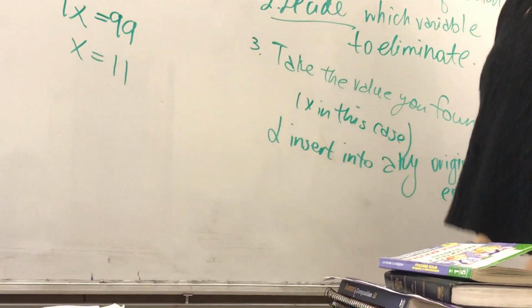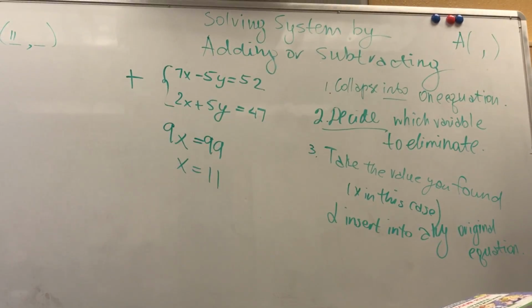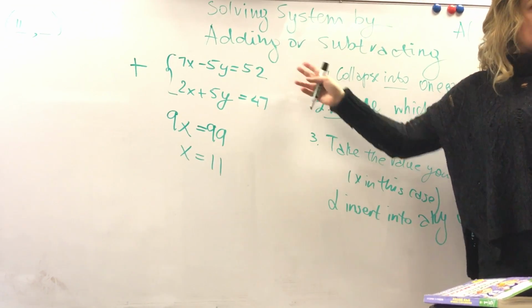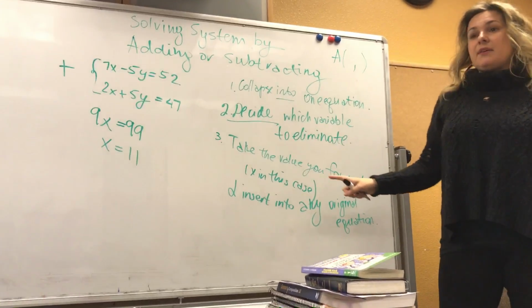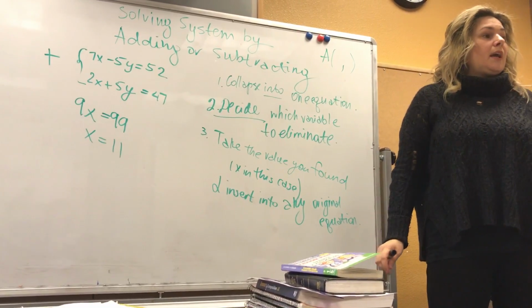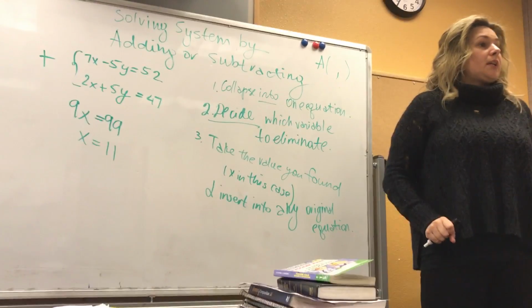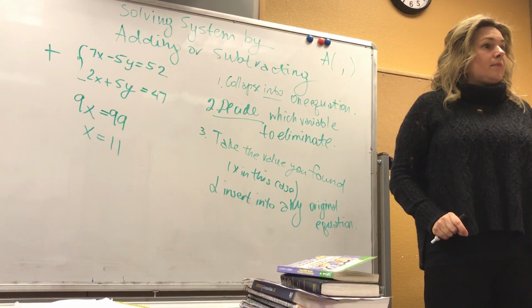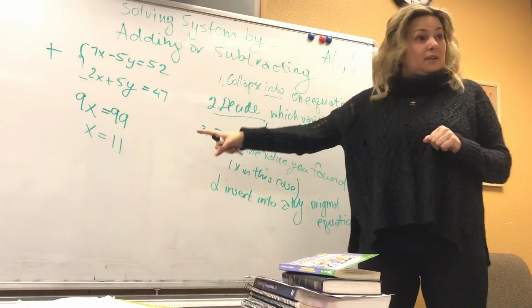Do you see the original equations? They're right here, right? So I take the value that I just found. What is my value? 11. And I need to insert it instead of what? Instead of an x, because I found an x, right?